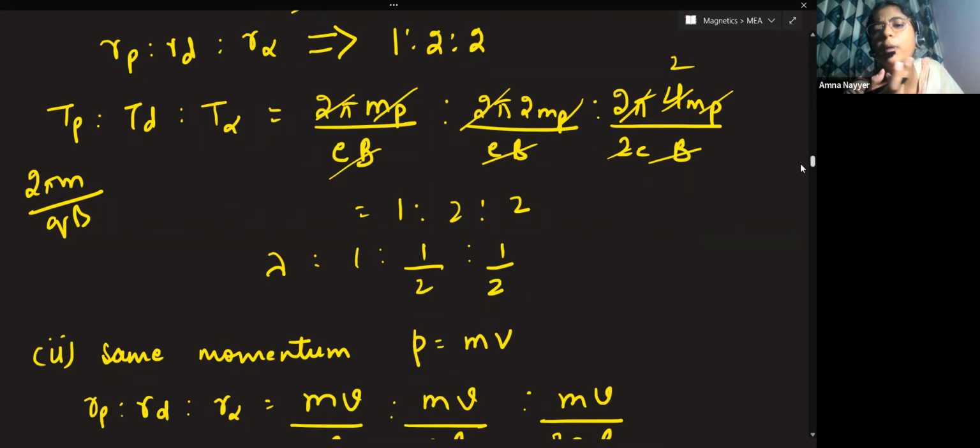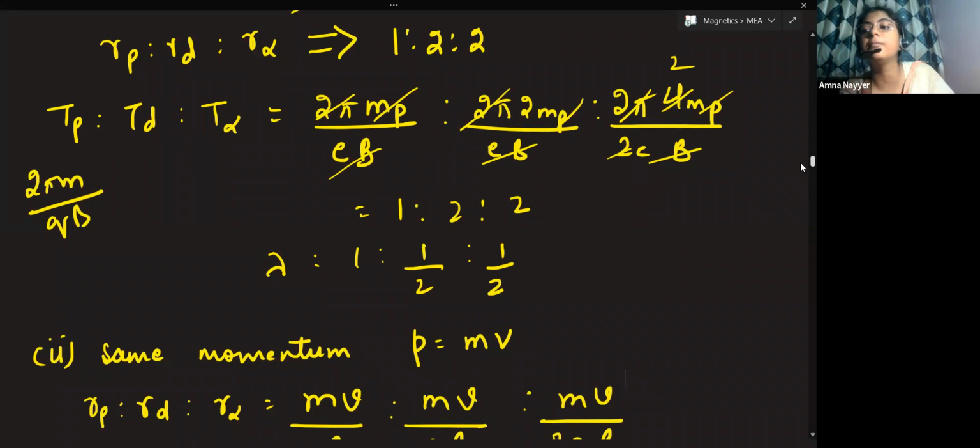Also, you can put 2 pi r, but that time you'll be having the radius. No, put it from here only: 2 pi m divided by eB. From the first part, you have the relation between velocity. So you can calculate the time period that way and reciprocate it for frequency. Similarly, if you have kinetic energy, what does it say?